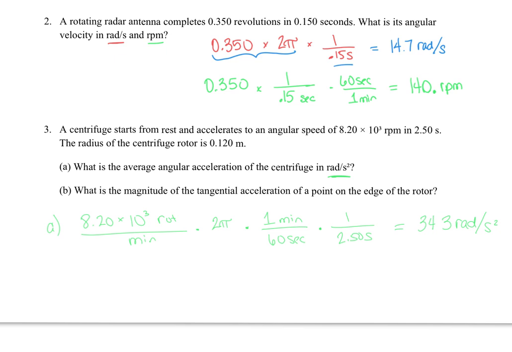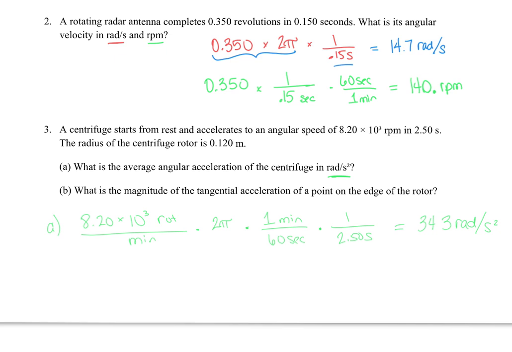The only difference here is they gave it to me in rotations. I need it in radians. Convert it and then divide by your time. Rotations per minute, convert it to radians per second, and then divide that angular velocity by your time. So that's the answer to the first question.